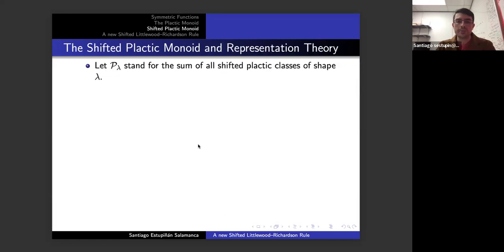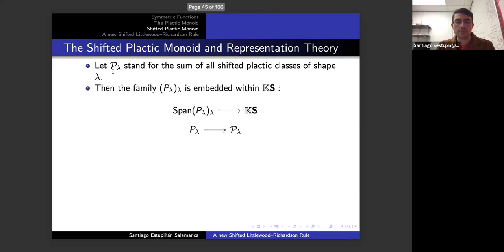So let's justify why this is the right notion for this context. In a similar way to what we did for the plactic monoid, we let P sub lambda be the sum of all shifted plactic classes of a certain shape. Then if I let bold S be the shifted plactic monoid, there is again a ring homomorphism between shifted Schur functions and the shifted plactic monoid.